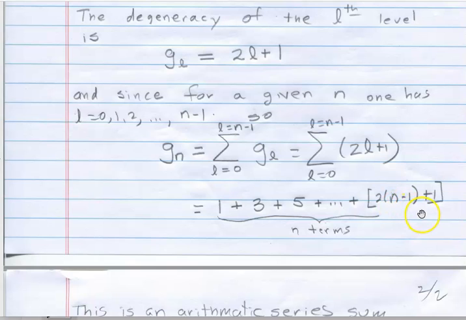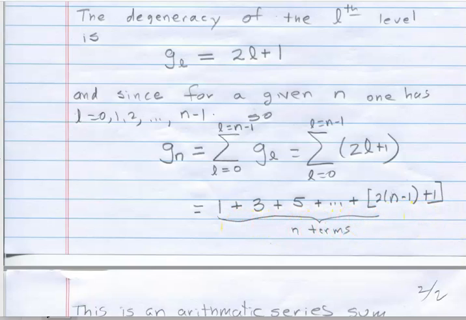And the very last state, if you look at it, is going to be 2L, but the last state is n minus 1, so 2(n minus 1) plus 1. If you look at that, I'm going all the way from 0 up to n minus 1. And so there's n minus 1 from 1 to n minus 1, plus 0. So if you count them, there's going to be n terms in this sum.